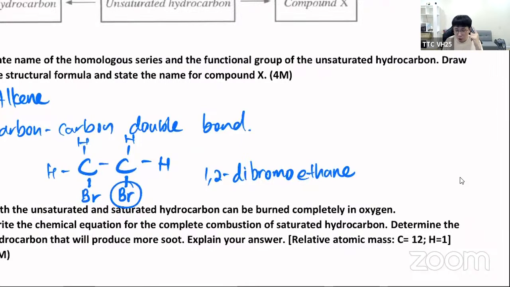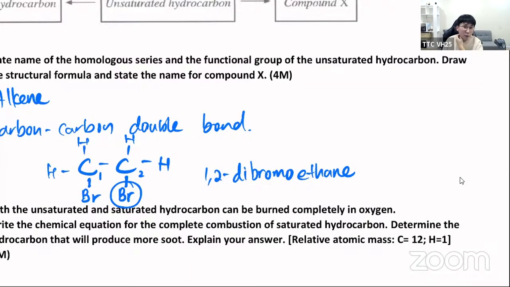So 1 bromine is called bromo, 2 bromine called dibromo. Then what we have here is 1, 2. Why 1, 2? Because if I label the carbon numbers, this is carbon number 1, this is carbon number 2. So do you see one bromine at carbon number 1, one bromine at carbon number 2? So you will get 1,2 dibromoethane.